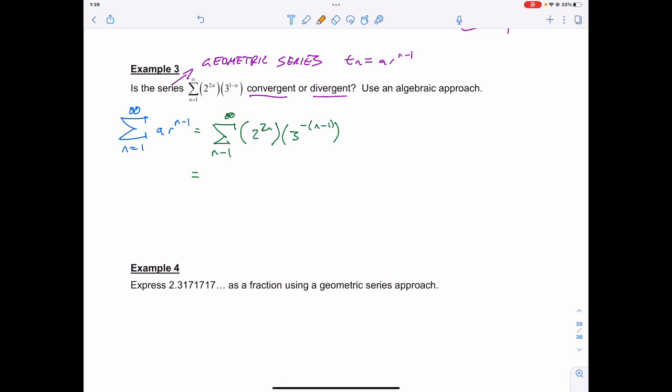Next, because we know that is a negative exponent now, we're going to move it down to the denominator. And I'm going to have 2 to the power of 2n over 3 to the power of n minus 1.